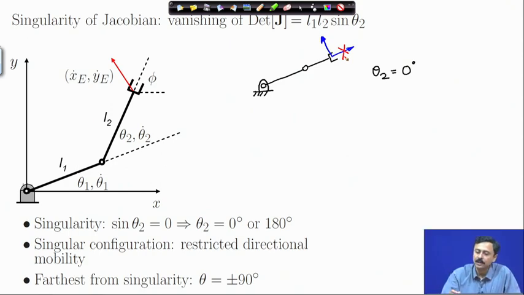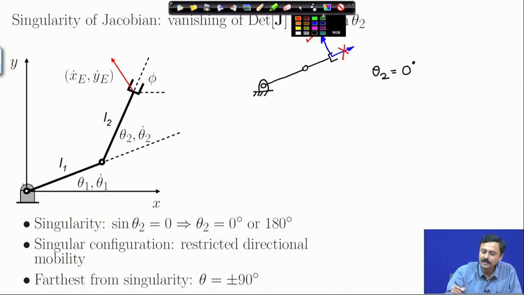You cannot produce that velocity. So, the velocity that can be produced is the tangential velocity. Now, this is only at this particular configuration.